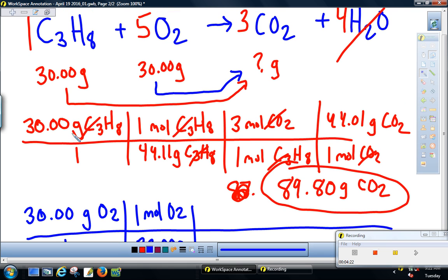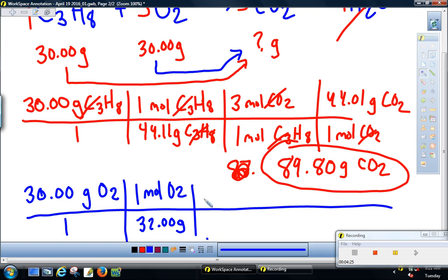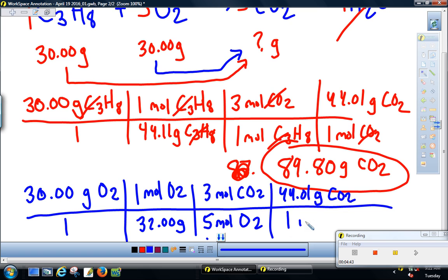The ratio is 5 to 3. The 3 is the unknown, so the 3 moles of CO2 go on top. What we start with goes on the bottom, so 3 over 5, not 5 over 3. And then, same step as last time, we multiply by 44.01 grams per 1 mole of CO2.